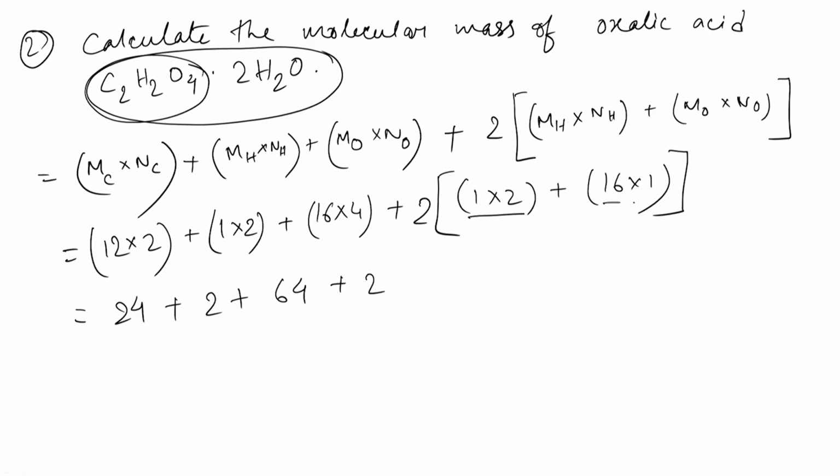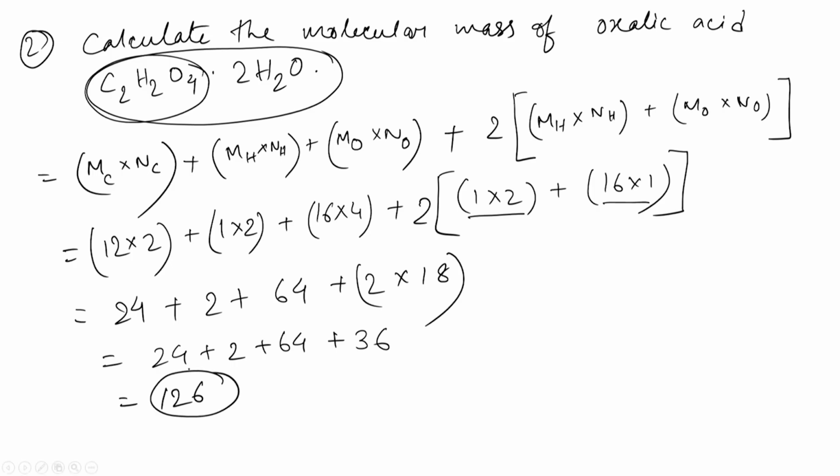This is 2 and this is 16. So 2 into 18. So this will come as 24 plus 2 plus 64 plus 36, which comes as 126. So this is the molecular mass of oxalic acid.